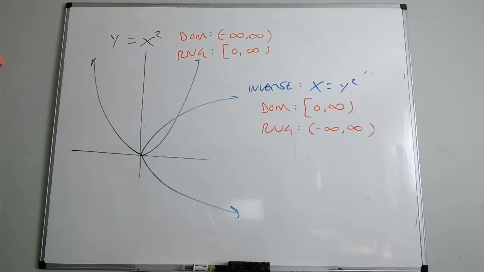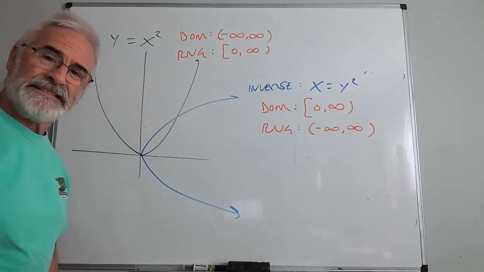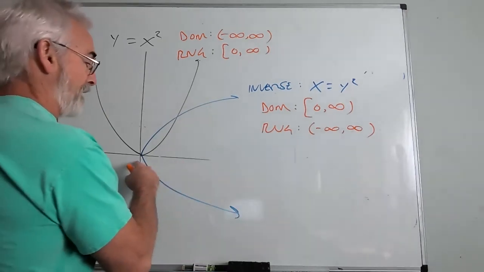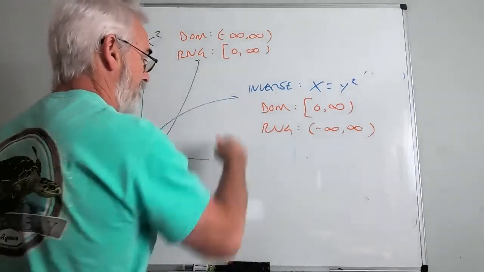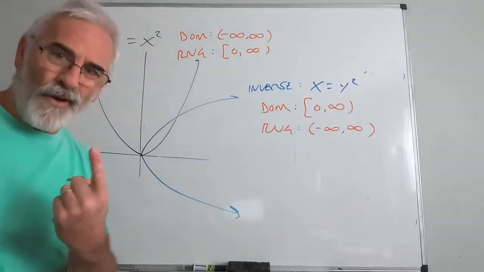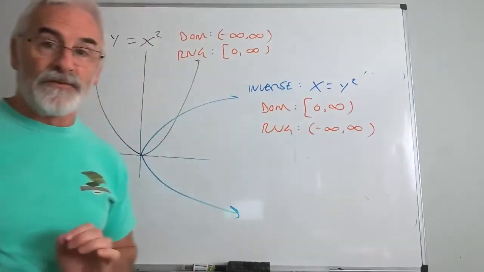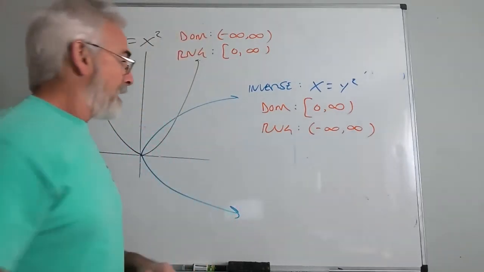Aren't there 2 different x values? Aren't there 2 different y values that I would get? Yeah. I only want 1 though. How do I make it so I only get 1? Well, this is where an inverse comes in.